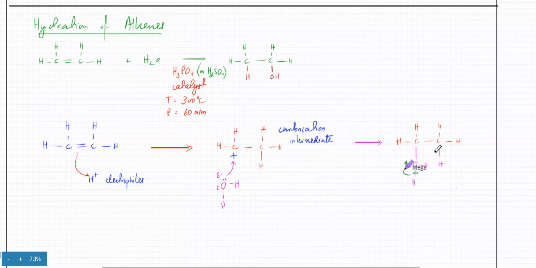So in the last step, oxygen needs its lone pair back again because carbon took it. It's going to pull the electrons from H. That's your last step.